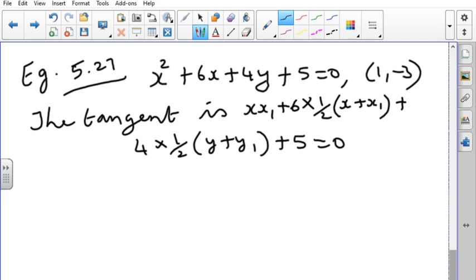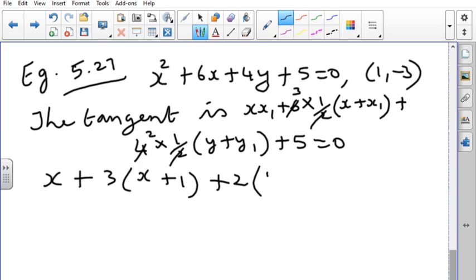So now for x1, y1 substitute 1 comma minus 3. So what you get? X plus, 2 goes here 3 times, so 3 into x plus 1, plus here 2 goes 2 times.